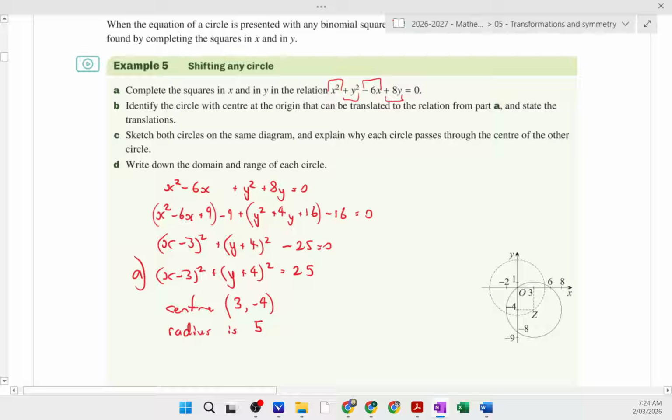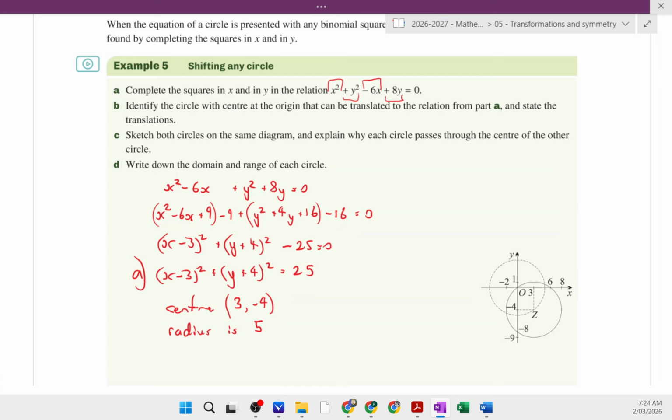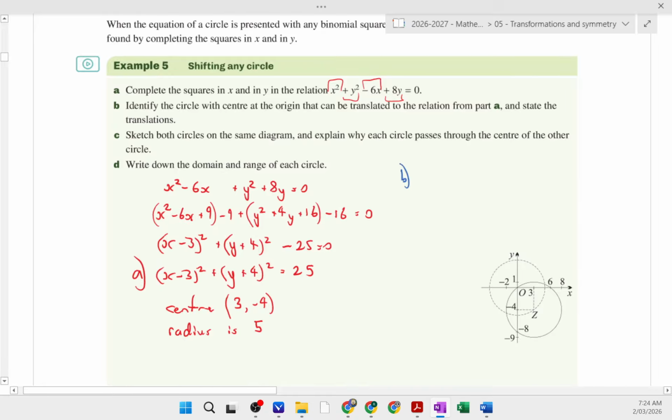That's question A. It says identify the circle with center at the origin that can be translated. So the circle with the center at the origin is actually x squared... I'll do B in a different color just so we can see it. I'll do B up here. The circle is x squared plus y squared, but it has the same radius, so that would be 25. That would be a circle with a center of 0, 0.